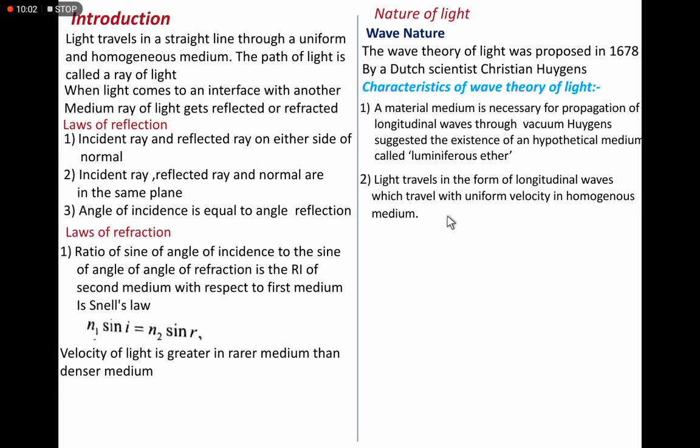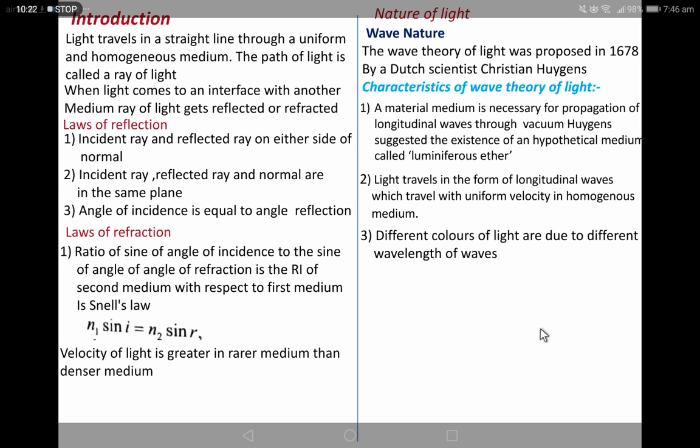Second, light travels in the form of longitudinal waves, as we discussed in the first point, and these travel with uniform velocity in a homogeneous medium. Uniform velocity are the important words in this second assumption.